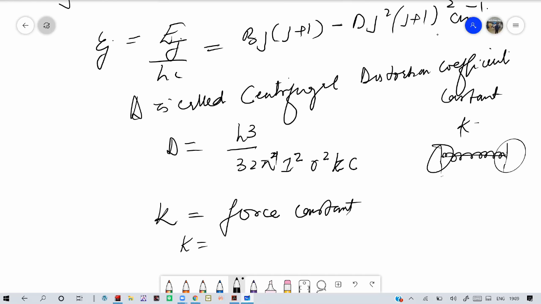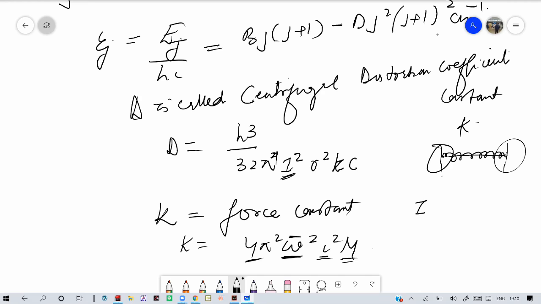And this K is equal to 4 pi square omega square c square mu. Mu is the reduced mass, c is the velocity of light, and omega is the wave number, angular frequency. These are constants. Okay, this K.